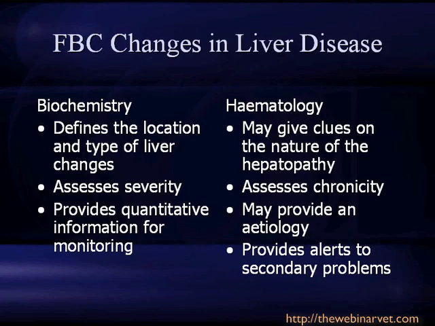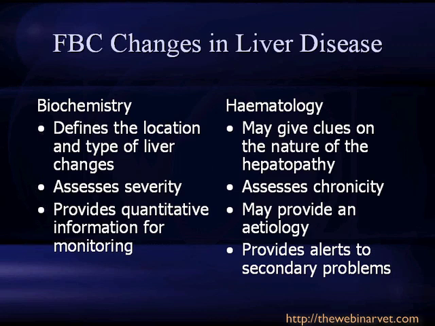So on then to hematology, and we've really talked so far about how biochemistry defines the location of the changes, and to some extent the type of the change, and we can use it serially to monitor severity. But hematology gives us more of a clue as to why the hepatopathy is there, and what its underlying nature is.